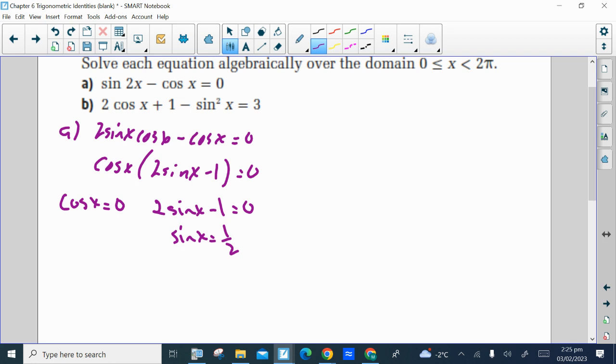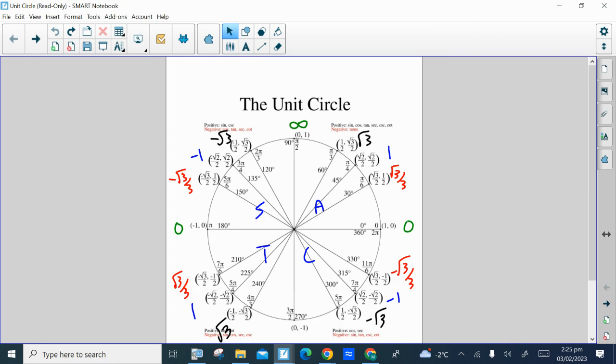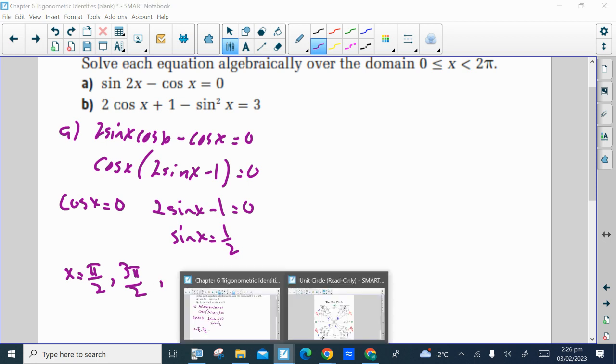So on the unit circle, we want to see where the cosine of x equals 0. And again, cosine is the x value. We've already seen that that is 0 at pi on 2 and down at 3 pi on 2. And also where the sine of x equals 1/2.